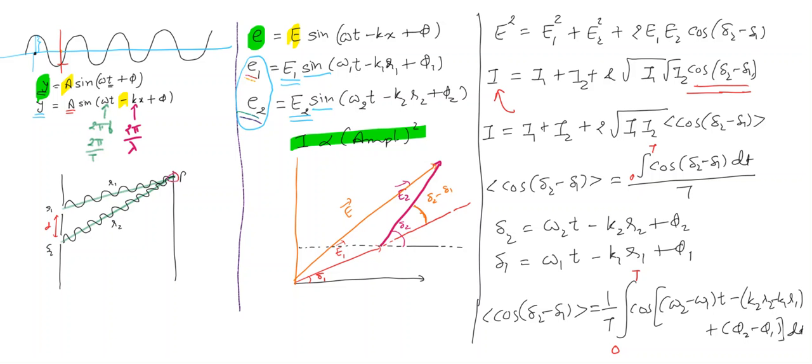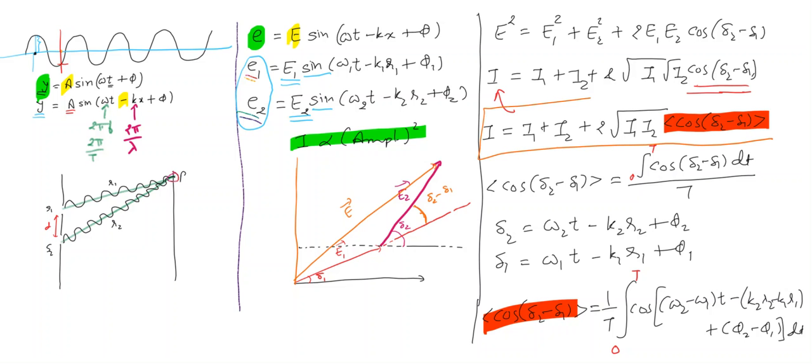Once you find the average of cos delta, you can substitute it in this equation, and you will be able to find the intensity. This is the expression for the intensity of the resultant wave when two waves superpose.